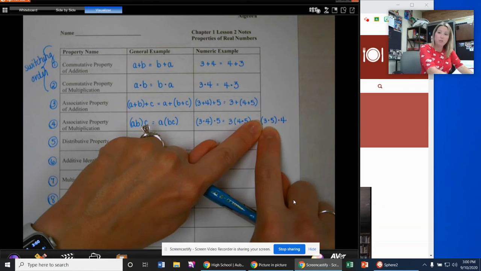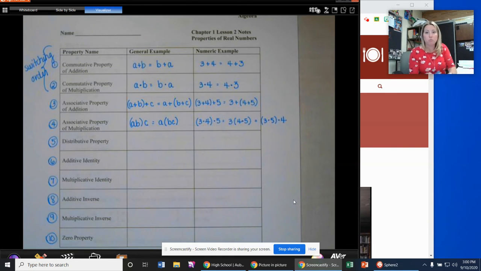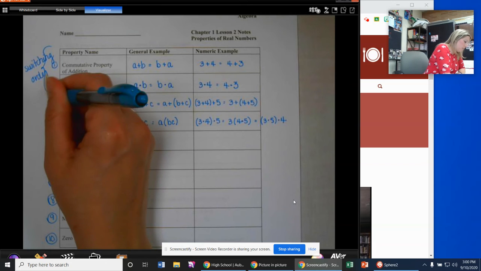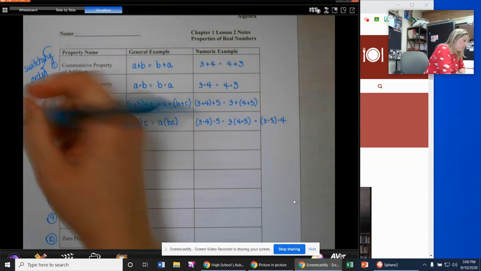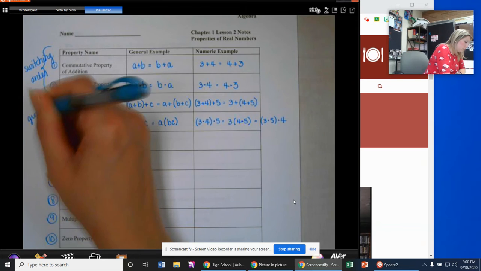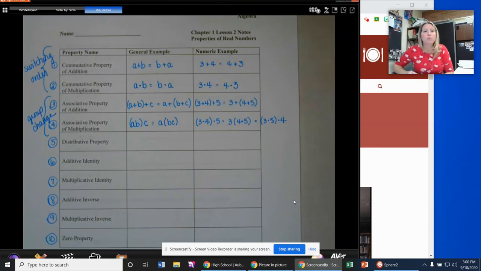But if I group these together and then this one gets multiplied after, it's still the same result. Commutative and associative over there. Cool stuff. So notice the associative property is a grouping change.